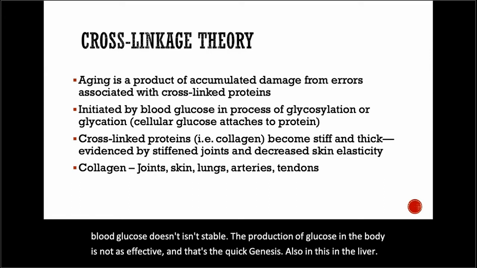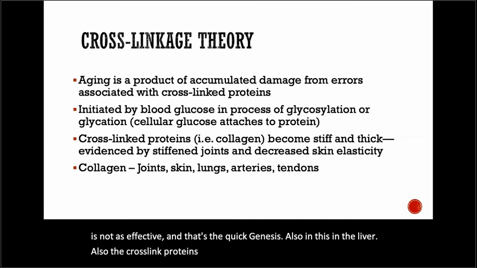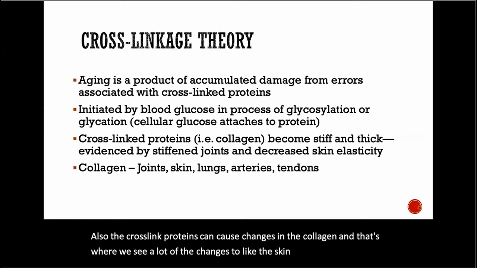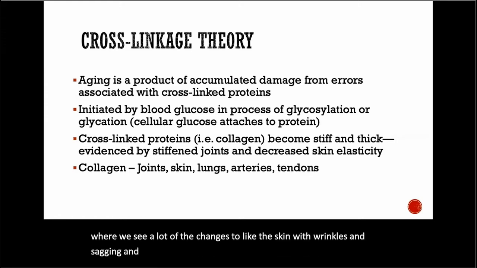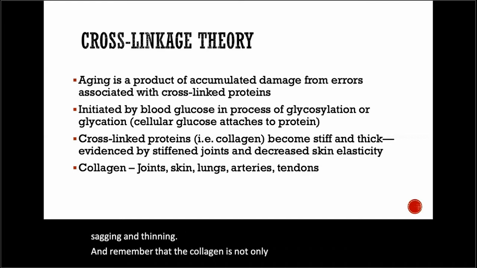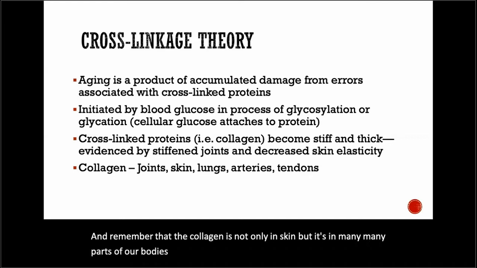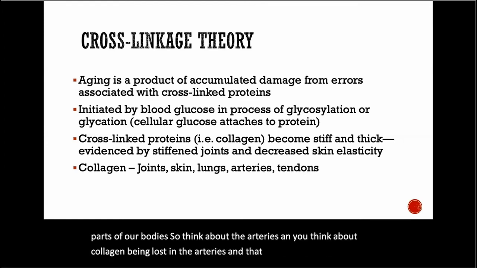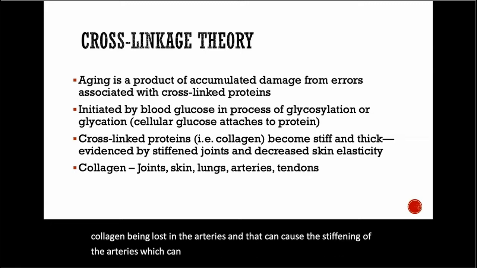Also, the cross-linked proteins can cause changes in the collagen, and that's where we see a lot of the changes to the skin, like wrinkles and sagging and thinning. And remember that the collagen is not only in skin, but it's in many, many parts of our bodies. So think about the arteries, and collagen being lost in the arteries, and that can cause the stiffening of the arteries, which can then lead to hypertension.